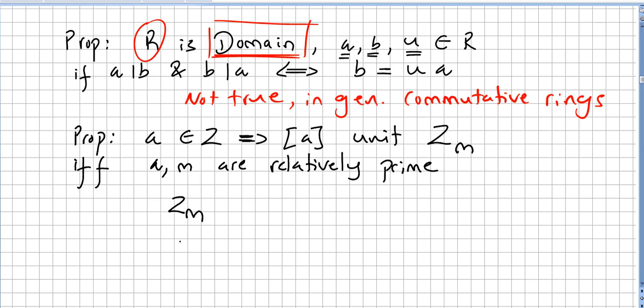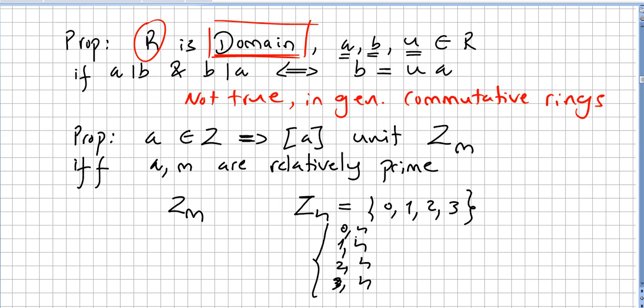Just pick any Zm, you see, for instance, pick Z4. Okay, now check all the elements that are 0 and 4, 1 and 4, 2 and 4, 3 and 4. Check which ones are relatively prime.